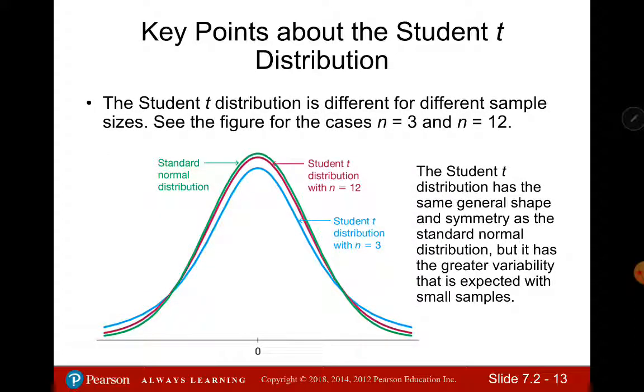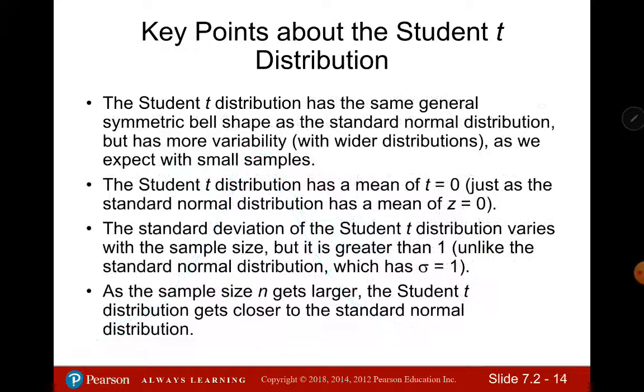So you can see these are the curves of student t distribution with different degrees of freedom, but all of them are normal curve, bell-shaped curve. So check some properties.